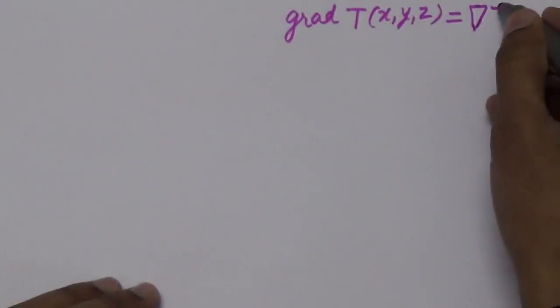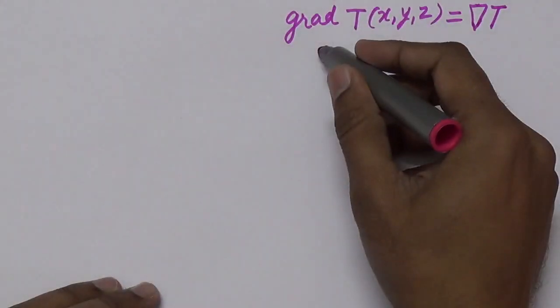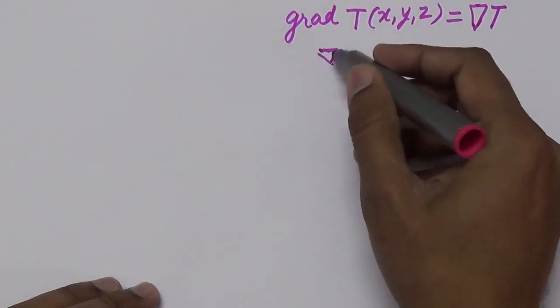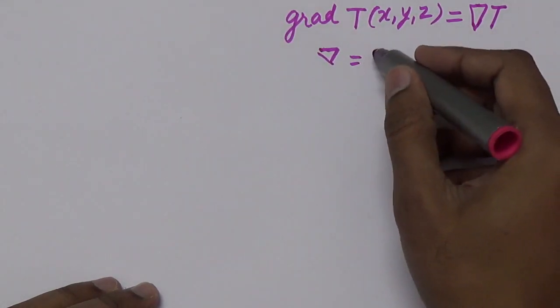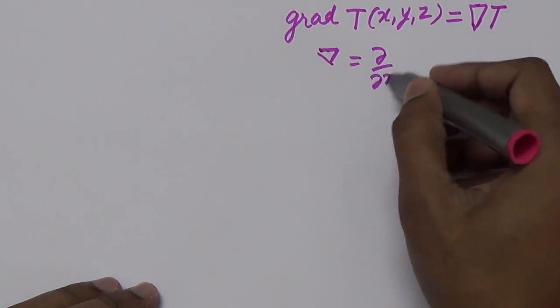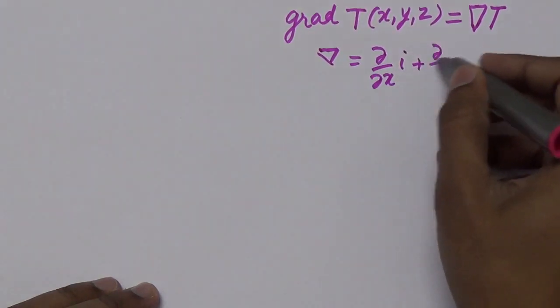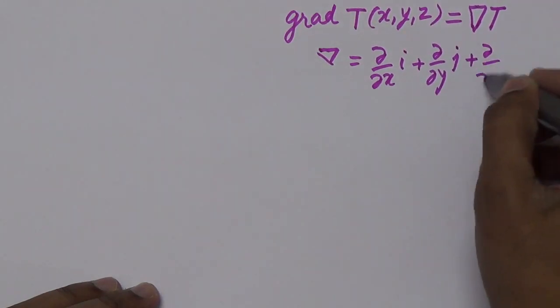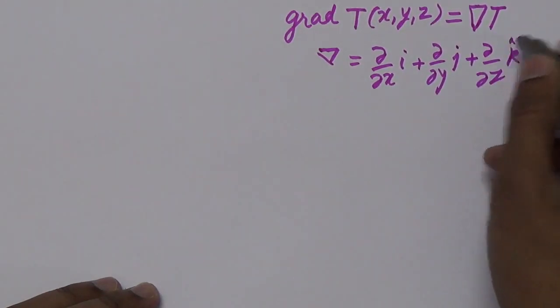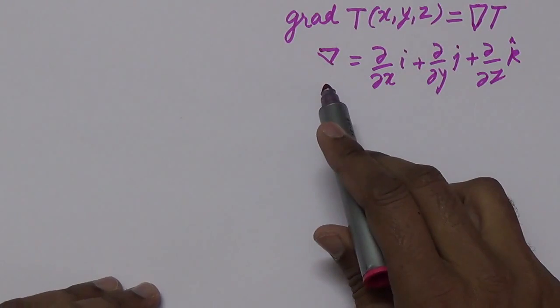You can write this in this form, with the help of the del operator, del T, where the expansion of this del operator is del upon del x i plus del upon del y j plus del upon del z k. This is the expansion of the gradient operator.